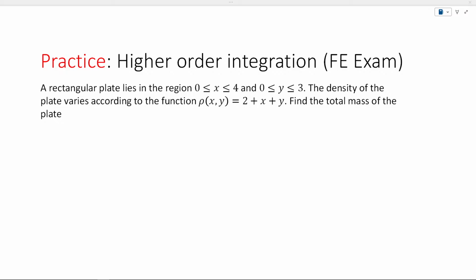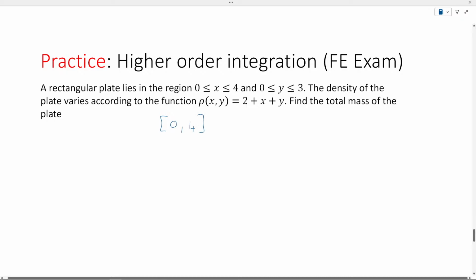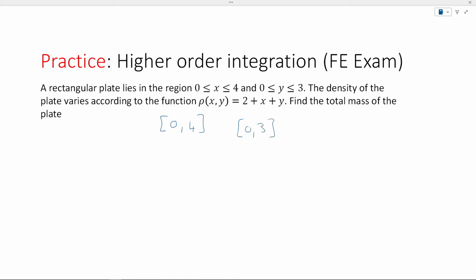So I want to find the total mass of the plate, and this plate varies basically on two intervals. The first interval from 0 to 4, and then the second interval from 0 to 3.